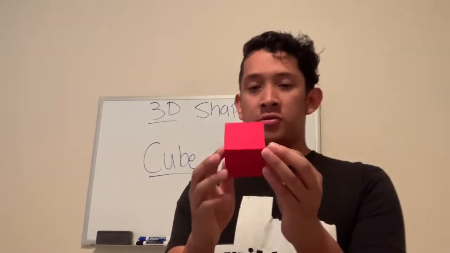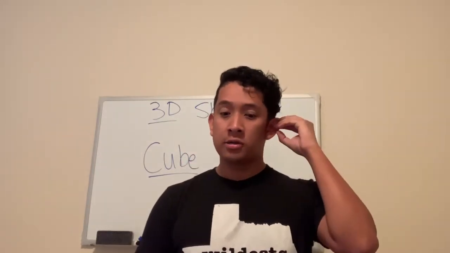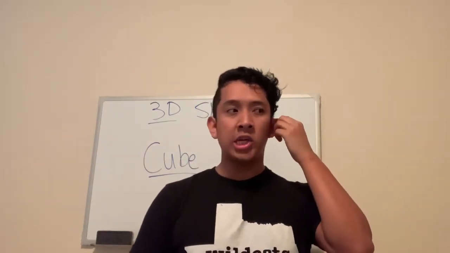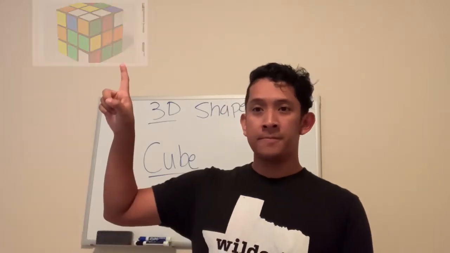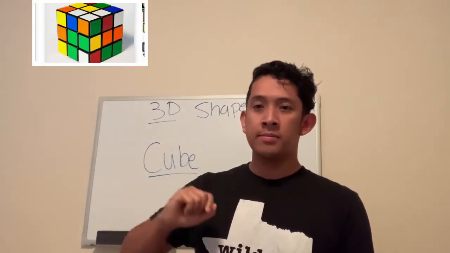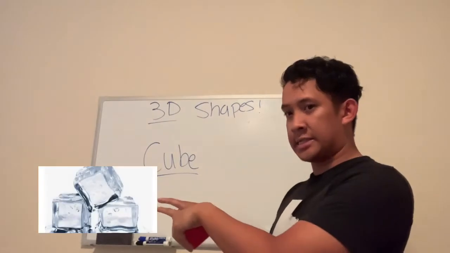What I want you to do is, I have a cube right here, but I want you to go around your house and look for as many cubes as you can. I'm sure you can find a lot. For example, you might find a cube in your house that looks like this, or maybe a cube that looks like this, or possibly even a cube that looks like this.